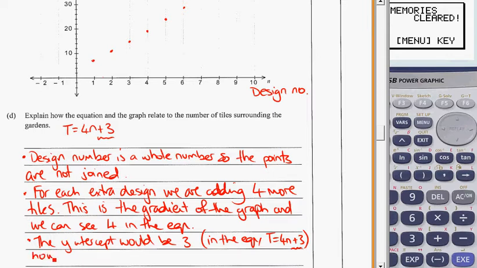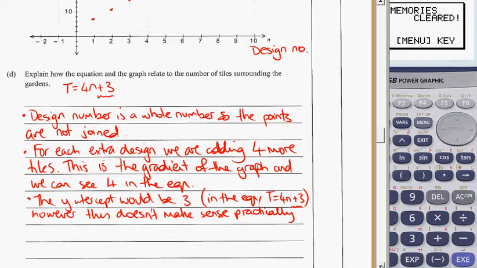However, this doesn't make sense in a practical situation. Doesn't make sense practically to talk about n equals 0, or in this case it would be design 0.